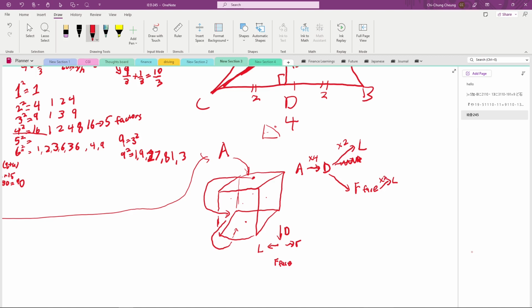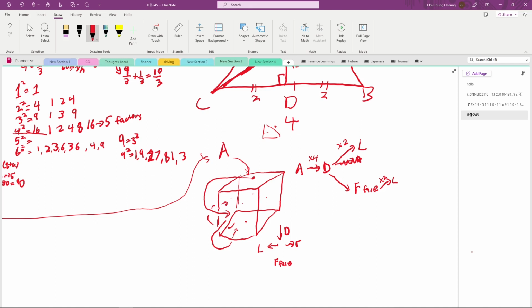What I mean is, if you go left, you will go this, this, like that.